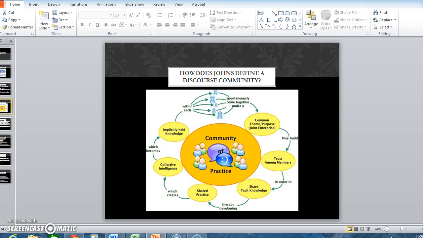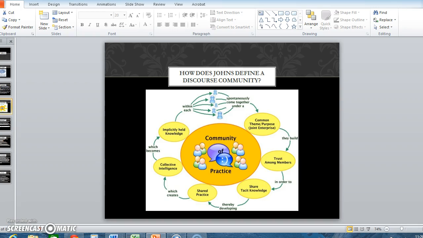A good example of this might be, you may know why you have to use the past tense in a certain context when writing, or you may know just implicitly now where to place a comma, but if somebody were to ask you the rules for all of those, or the rules for prepositional phrases, or what is a gerund, you would maybe shake your head and say, I don't know, it just sounds right. And that means that you have implicit knowledge about the types of grammar rules that we use on a daily basis.